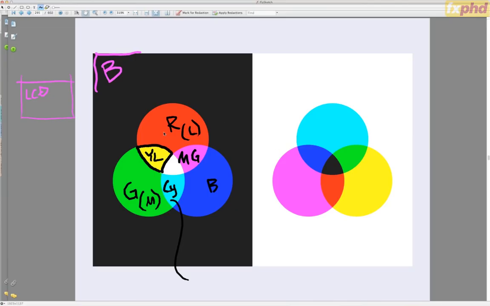In terms of additive mixture, it's a mixture of red and green. But that mixture is not intuitive. We never see a greenish red, and we never see a reddish green. I mean, we can see reddish blue. In a sense, you could call magenta reddish blue. But this yellow is a very interesting phenomenon. Now, where all 3 overlap, of course, we get white.